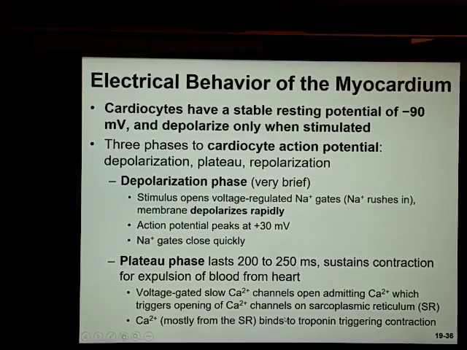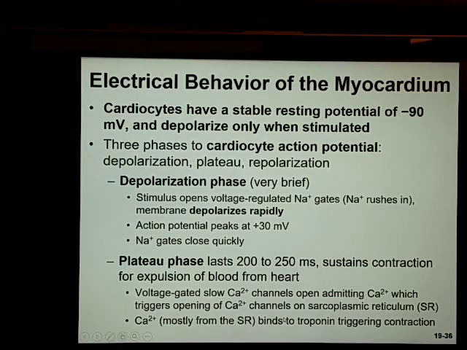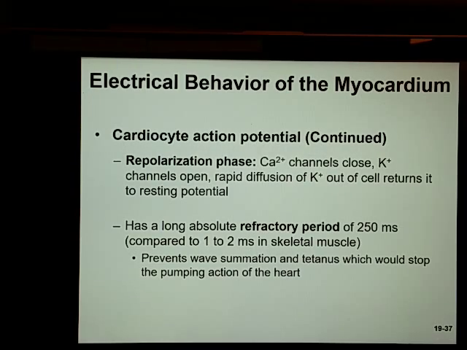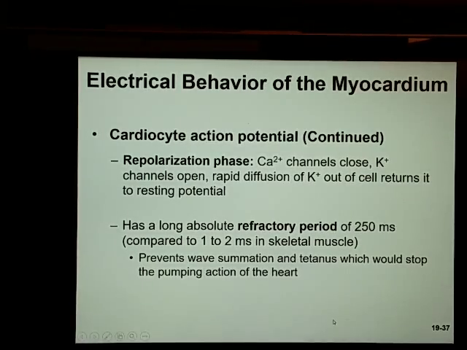So with this contraction that takes place, after we get that plateau phase, we're going to see the repolarization, and then the refractory period, that recovery that needs to take place.